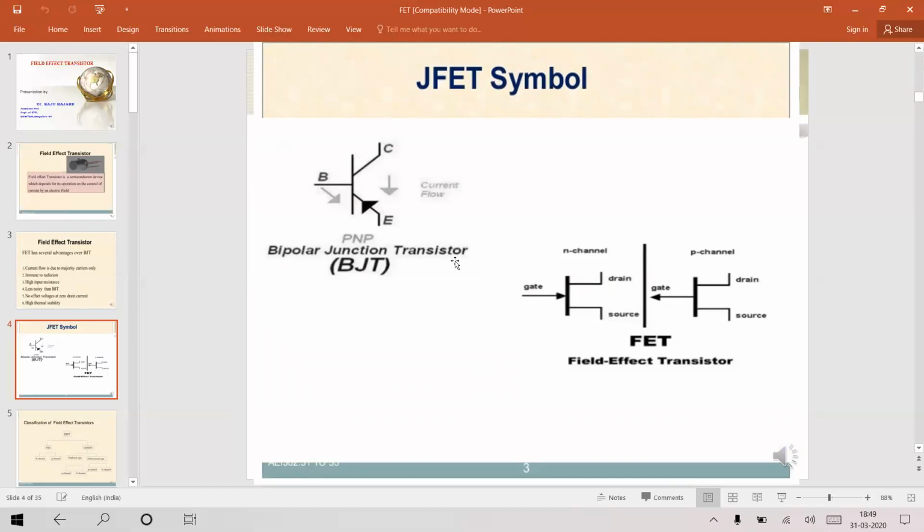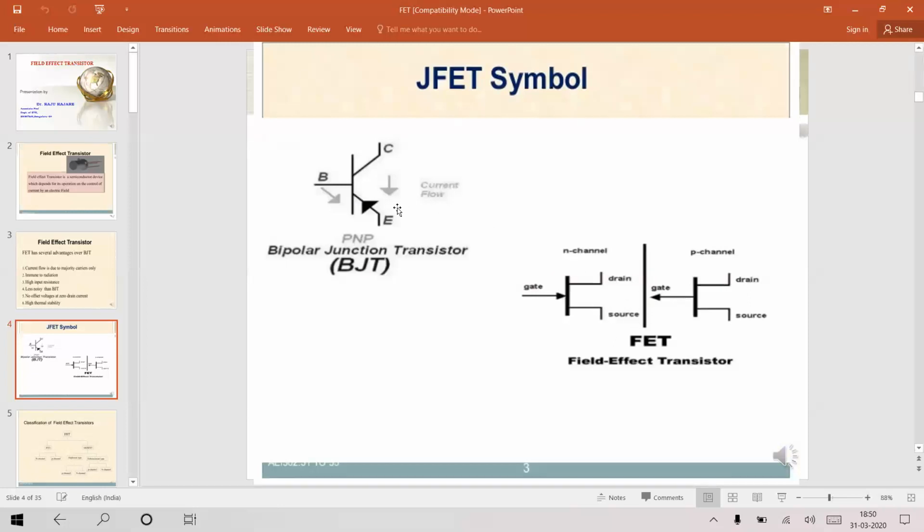When you see the construction, you will find one more terminal, that is body, that we don't show in symbolic representation, and that is not required for external connectivity, because that is the body on which this structure is developed. So for circuit connectivity, these three terminals are required.